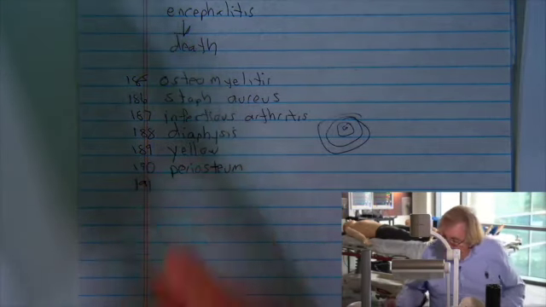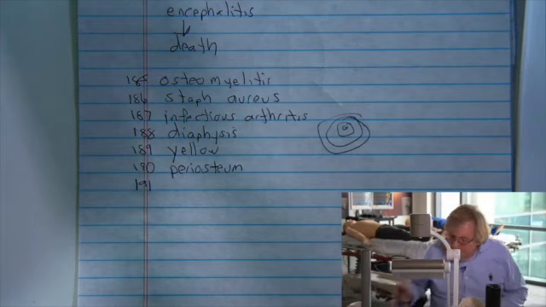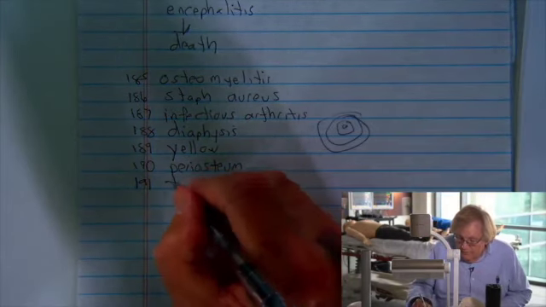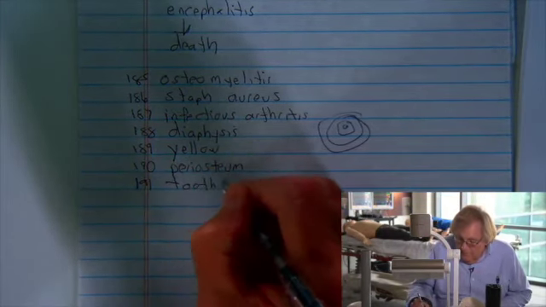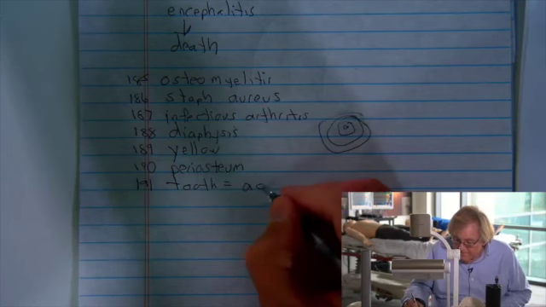191 is another name for the dens. That's called the tooth or the odontoid process.